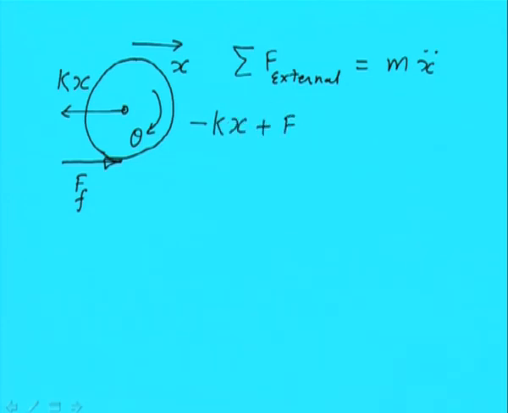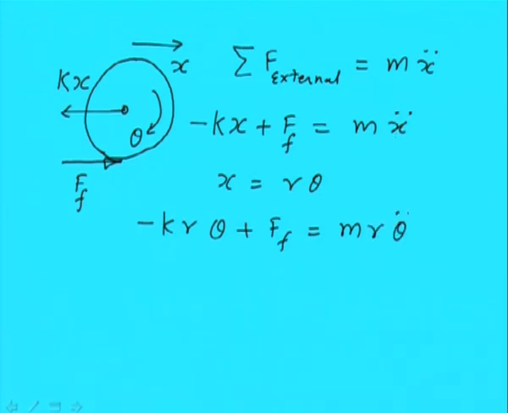Friction force is acting in the same direction as x, and this should be equal to the inertia of the system. So we can replace x with r theta as we did earlier, because x is equal to r theta, and here also we can use r theta. So this will be r theta double dot.